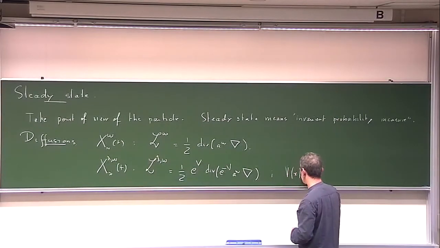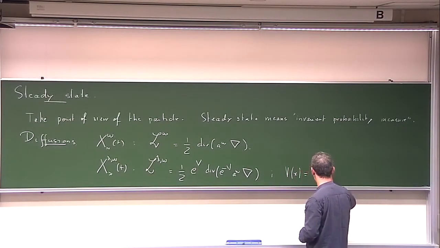So v of x is just, I think, minus twice x dot e1.